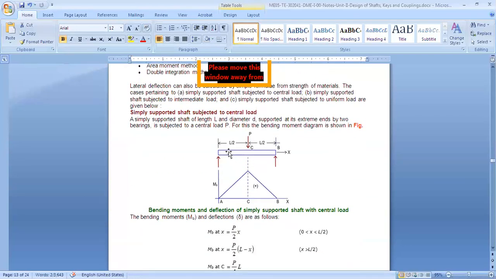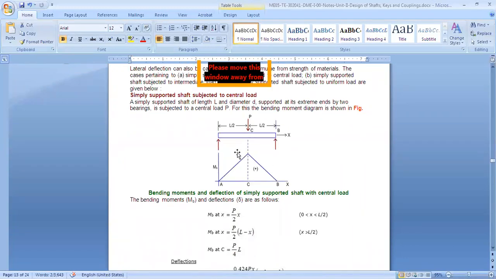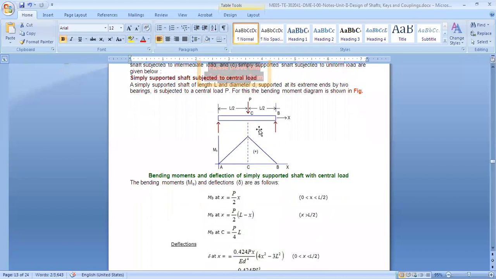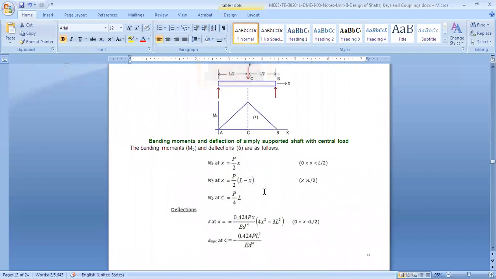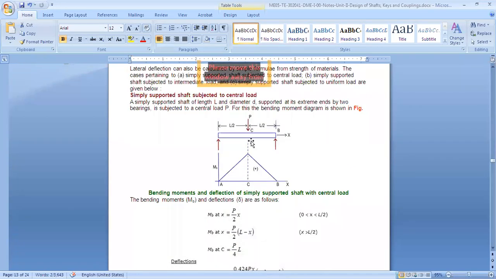So let's first see the simply supported beam. In this case it is a shaft, so it is also taking a load and also rotating. It is a simply supported shaft with a load at the center. If we have to find the bending moment at any point, and P is the load at the center, then at the two ends, A and B, the reaction will be P by 2 each.